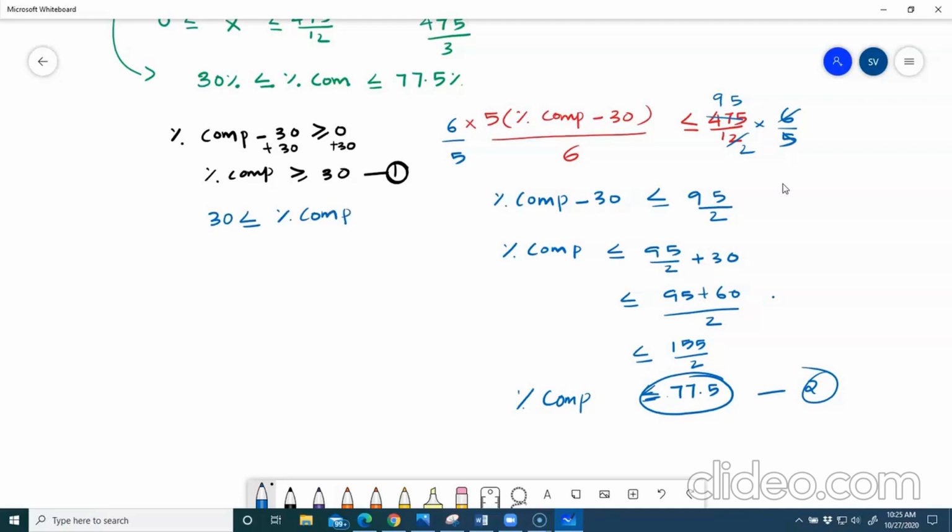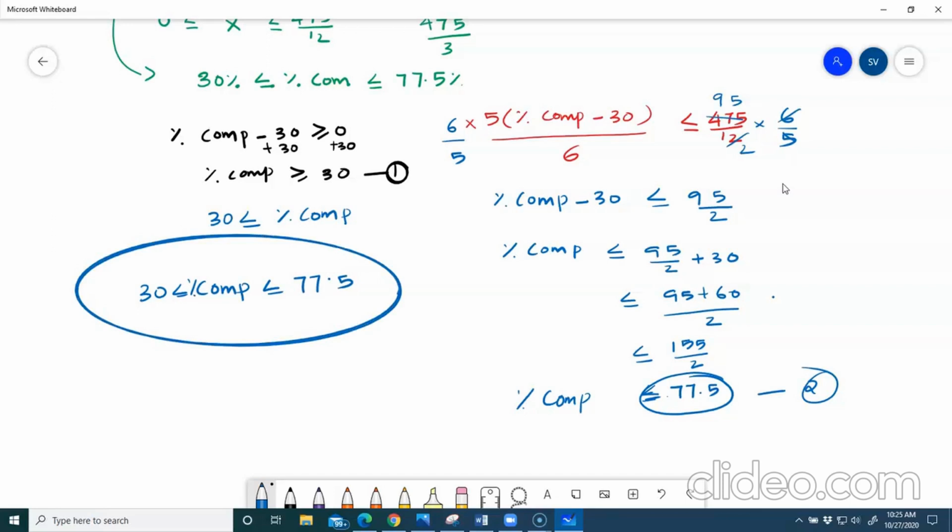Now combine: 30 is less than or equal to percentage of completion, less than or equal to 77.5. This is what we actually wanted to prove. In the same way you can answer question number 4, 5 and 6.